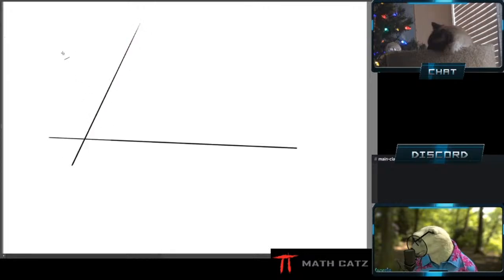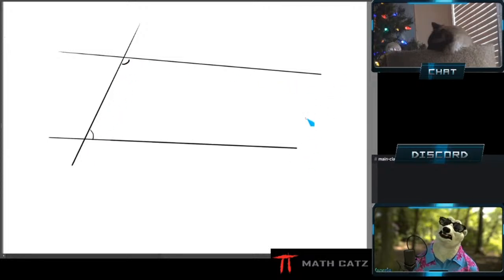One of Euclid's postulates, the last one, is if I have a line there, an intersecting line, and a line here, like so, if these angles add up to less than 180 degrees, these guys are eventually going to intersect.